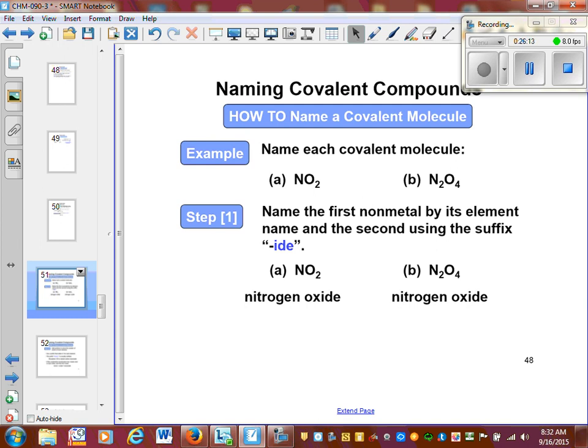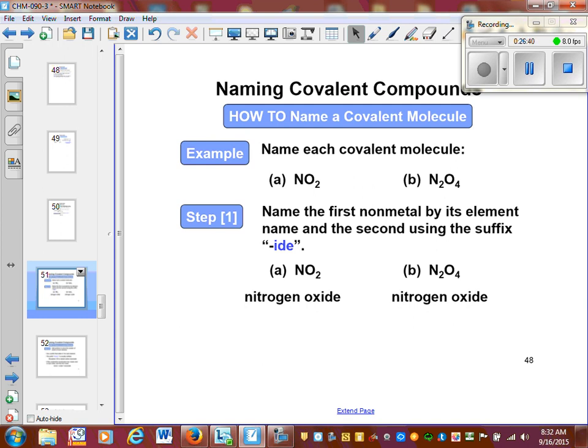Do we do this? We didn't do this? Okay. Well, we're actually starting. How do you name this? When you do covalent compounds, you use prefixes. So you name the first nonmetal. Remember, covalent compounds are two nonmetals. First nonmetal by its element name, and the second using the suffix IDE.